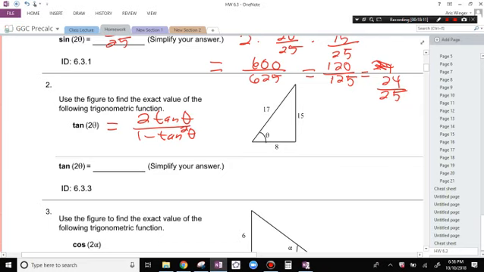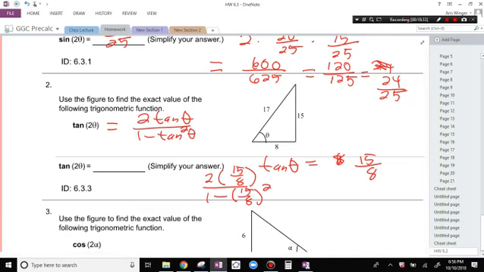So then the tangent of this angle is opposite over adjacent, right? So yeah, it's just annoying. 2 times 15 over 8 over 1 minus 15 over 8 squared, and use whatever device you want to reduce this fraction, right? That's what it needs to be.